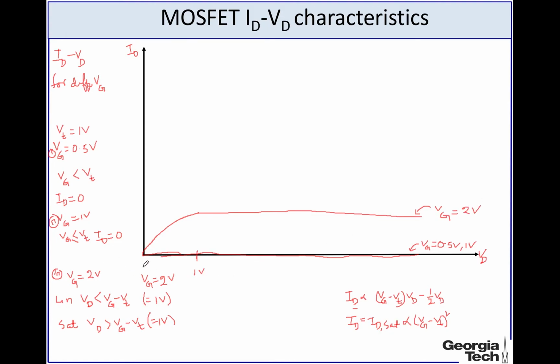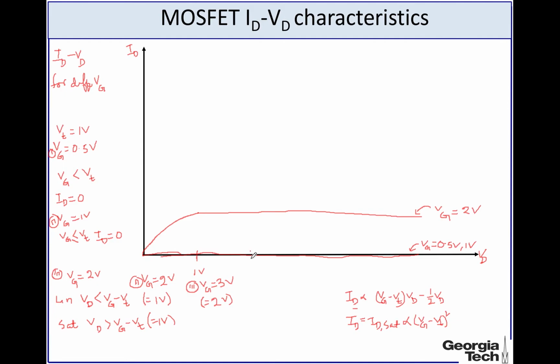Okay, so this was our case 2, and say for case 3 we have VG equals 3 volts. Then it will be in the linear region as long as VD is smaller than VG minus VT, and with VG being 3 volts, it will be linear as long as VD is less than 2 volts.